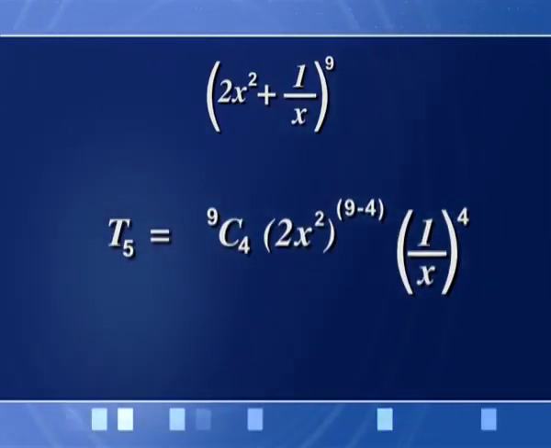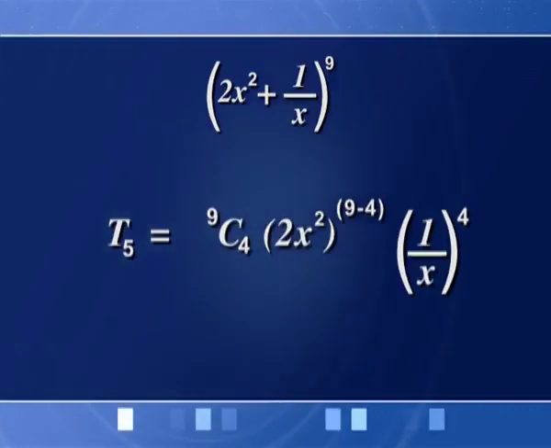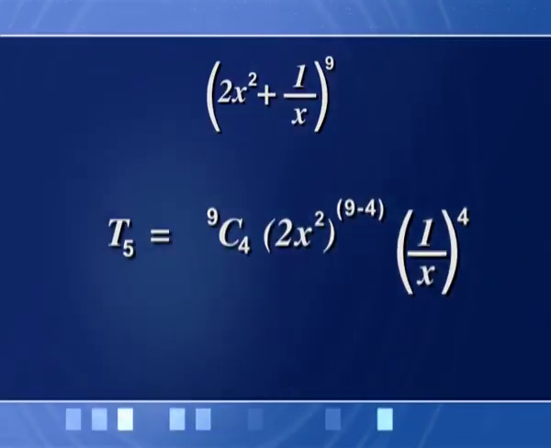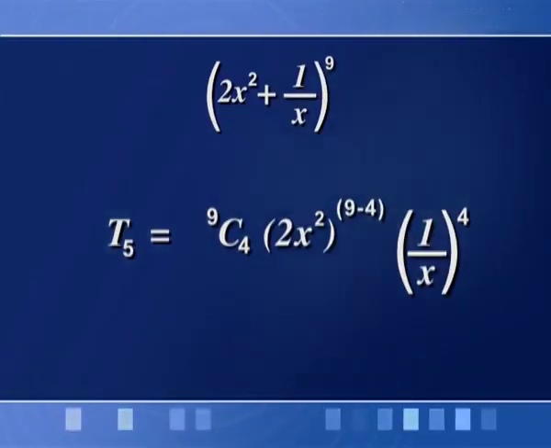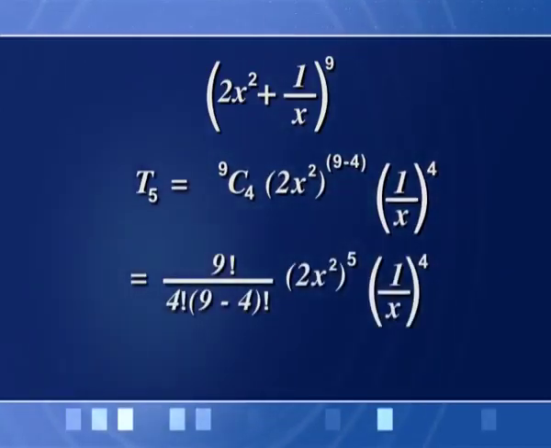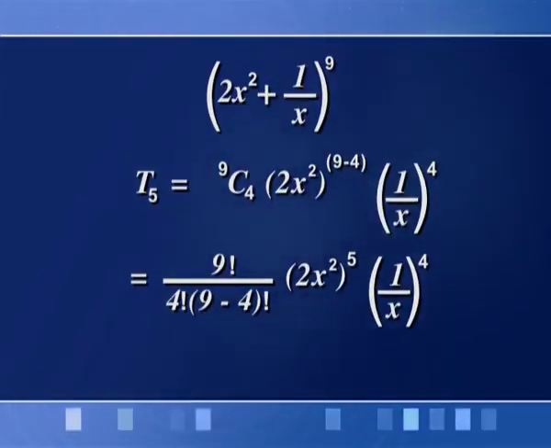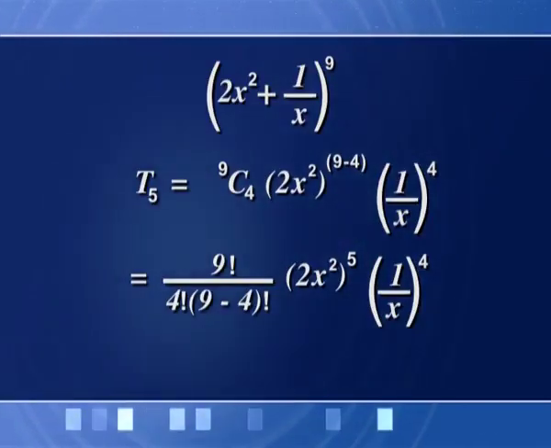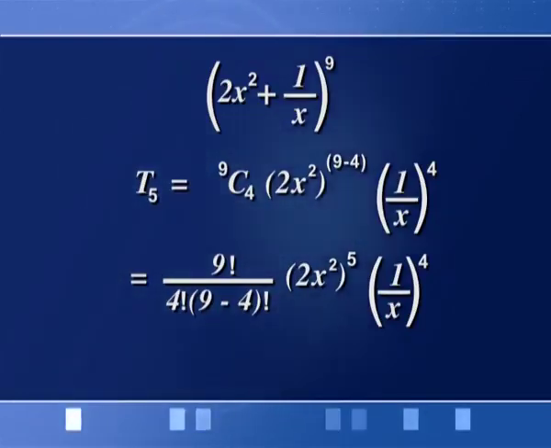9C4, 2x square, which is in the place of a, will have the power 9 minus 4, and 1 by x will have the power 4. On simplification, we will get 9 factorial divided by 4 factorial into (9 minus 4) factorial into (2x square) raised to the power 5, (1 by x) raised to the power 4.